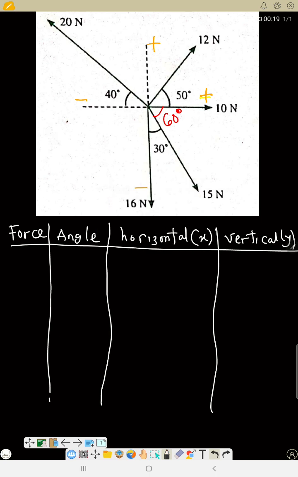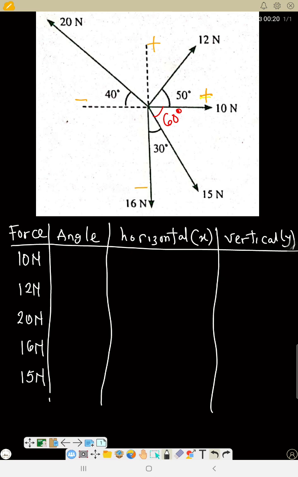So now let's start our resolution. Remember, you are going anti-clockwise. I'm taking the forces 10 Newton, 12 Newton, 20 Newton, 16 Newton, 15 Newton.